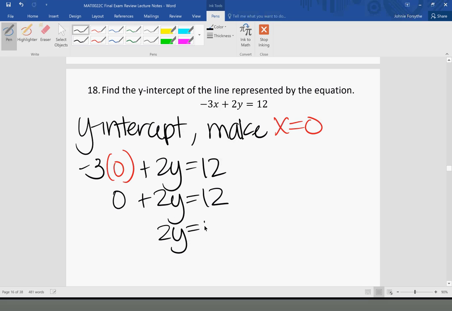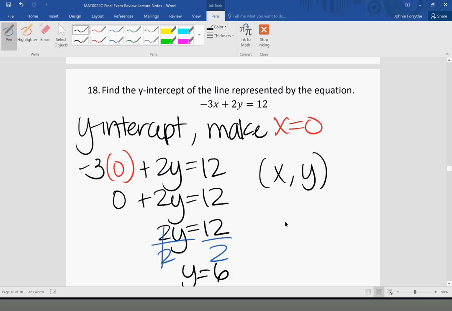So we have 2y equals 12, and then to solve for y, I'm going to divide by 2. So y equals 12 divided by 2, which is 6. But again, write it as an ordered pair. So the ordered pair is x comma y. So for this problem, it'll be 0 comma 6. That would be your y-intercept, written as an ordered pair.